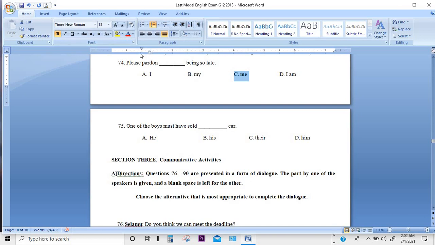The structure after the blank space. Sorry, my bad. The structure after the blank space being so late ይላል። noun phrase ነው እንደምትመለከቱት። ስለዚህ noun phrase ከሆነ ከፊት ለፊት ምንድነው የሚያስፈልገን? adjective ነው የሚያስፈልገን። ኦኬ፣ ስለዚህ adjective ስለሆነ የሚያስፈልገን my possessive adjective ነው የምንጠቀመው። Please pardon my being so late. ኦኬ፣ me ከተጠቀምን ክሎዝ ነው የሚሆነው። ከብላንክ ስፔስ በኋላ ያለው ስትራክቸር being so late የሚለው በዚህ ቅርጽ ሳይሆን መሆን የነበረበት pardon me that I am late.